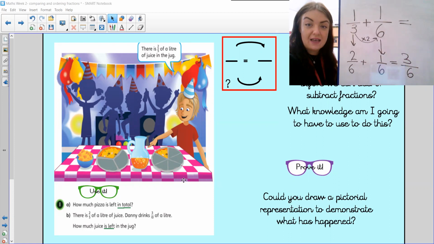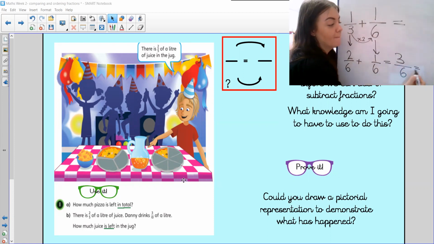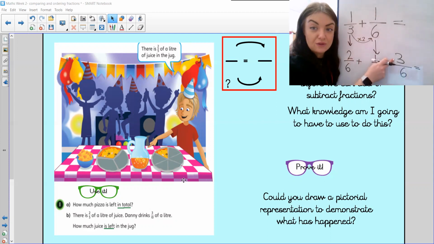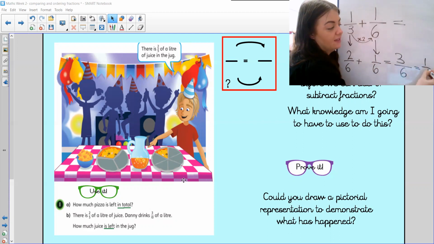I've got 3 6. Now, if you were using this knowledge on Monday, you will also notice that I could simplify this fraction, because that is equivalent to something else. My top number, my numerator is 3, my denominator is 6. I know that 3 is half of 6. So I know that that is also equivalent to 1/2.